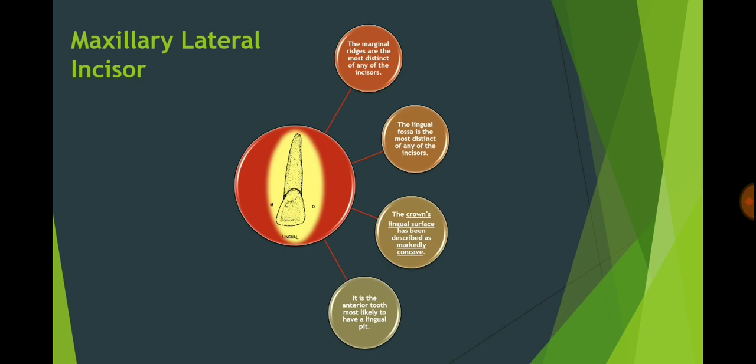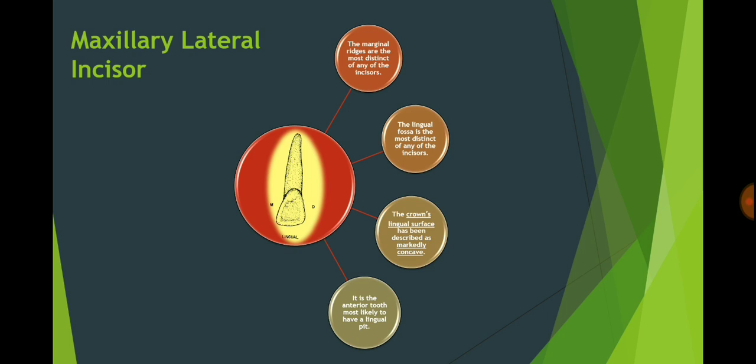And the lingual fossa is the most distinct of any incisor. Okay. Another point is that the crown of the lateral incisor lingual surface has been described as markedly concave. As I mentioned, it looks like a spoon, so it looks concave.